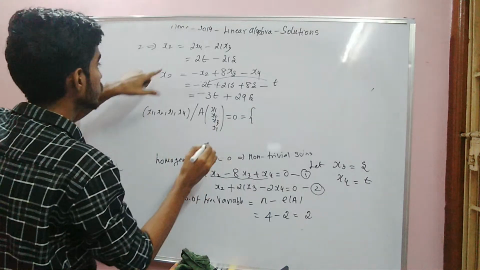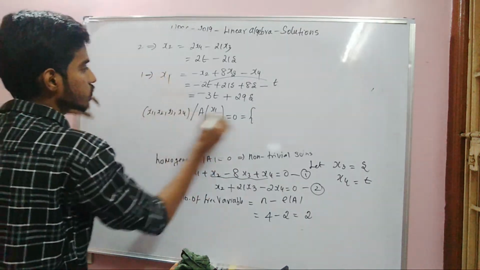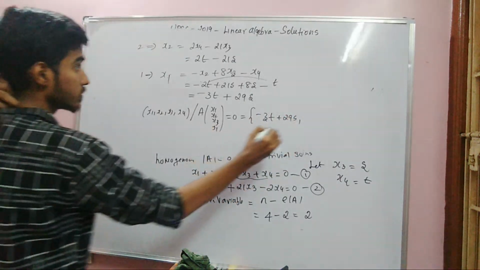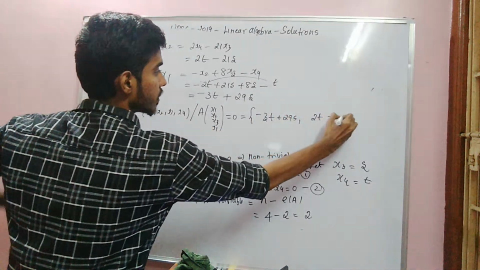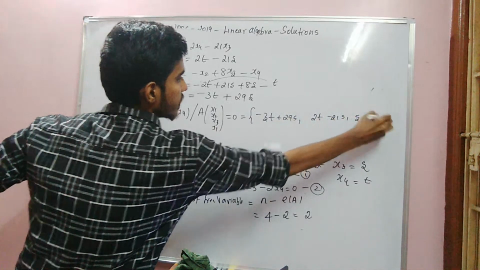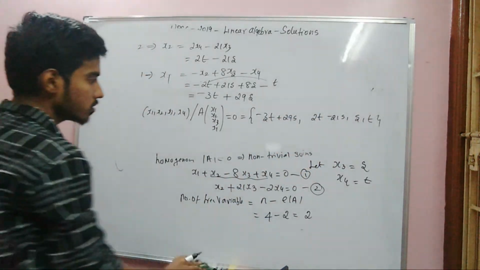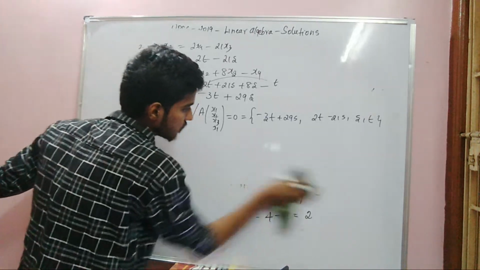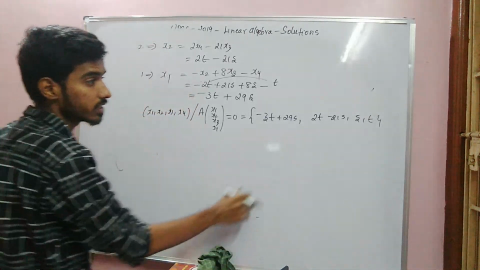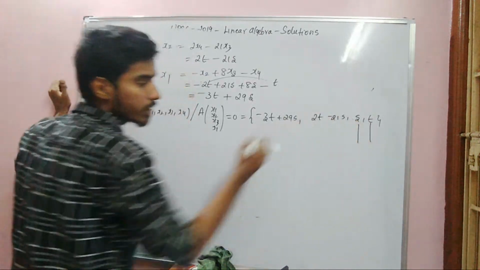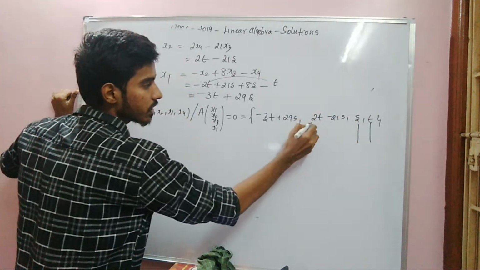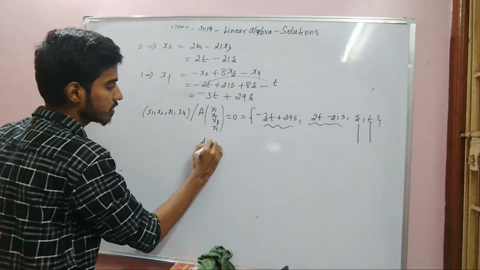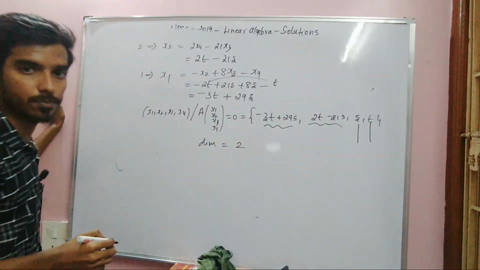The x1 which we found is minus 3t plus 29s, x2 is 2t minus 21s, and x3 is s. So what is the dimension for this set? These are the 2 independent variables, and you can see this and this both depend on t and s. Therefore the dimension is equal to 2. So the dimension of the subspace is 2.